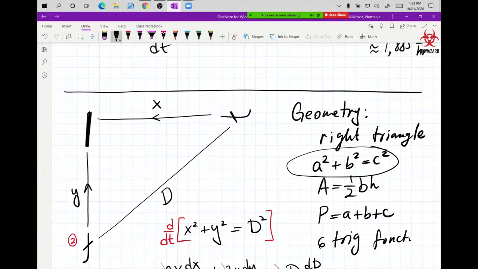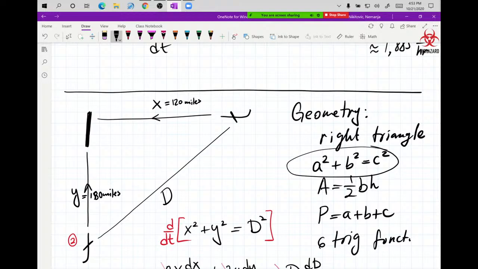So let's say x is 120 miles away from the airport. The other one is 150 miles away. Sorry, 180 miles away.